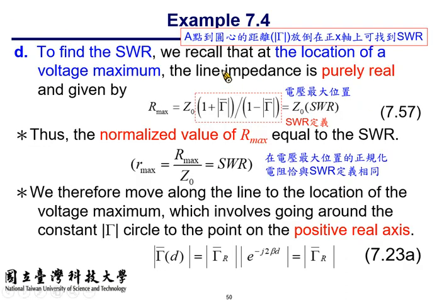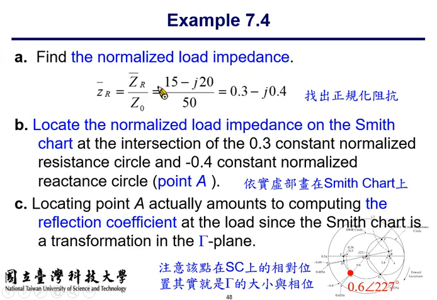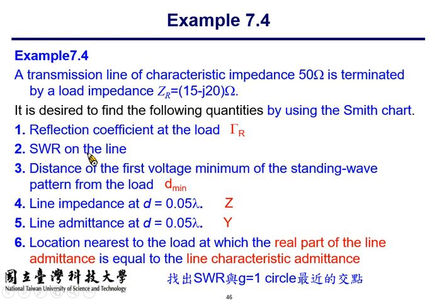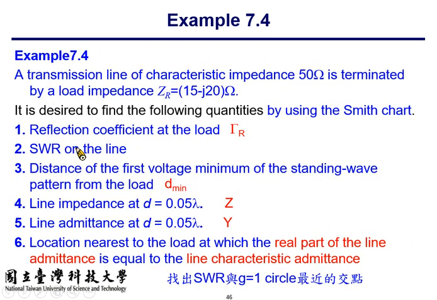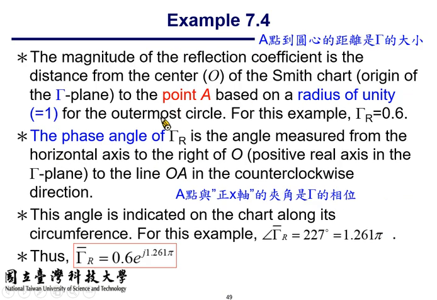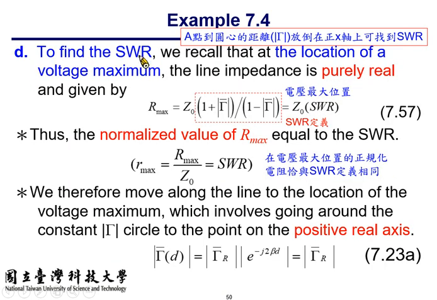All right. Next, you are asked to find the standing wave ratio. Why did I jump from A, B, C to D? Okay, first step, the SWR circle. The next thing we would like to find is the SWR value, and it can be calculated using equation 7.57.